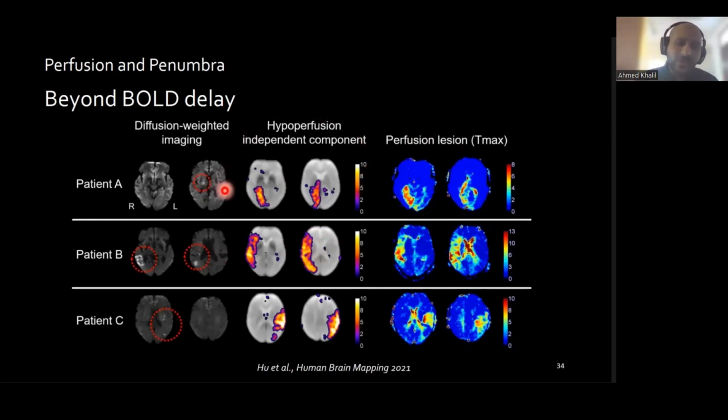What you get when you perform the spatial ICA on resting state fMRI patient data from acute stroke patients is what we call hyperperfusion independent components, which are really just independent components that visually, in terms of their spatial overlap, also resemble a lot these perfusion lesions that are derived from more conventional techniques like DSC MRI. So that's shown here for these 3 patients.